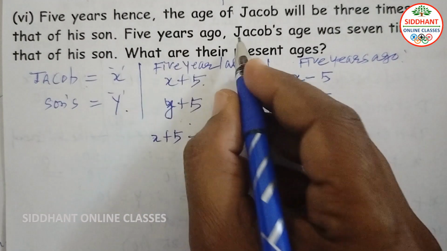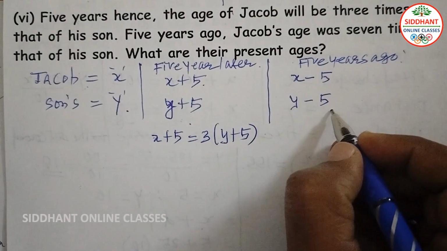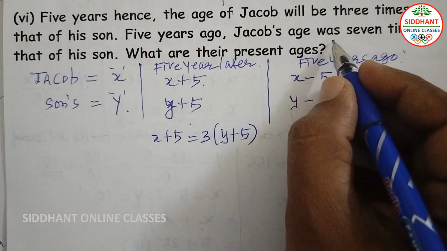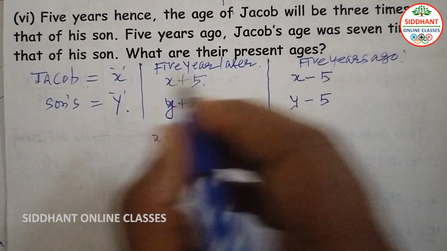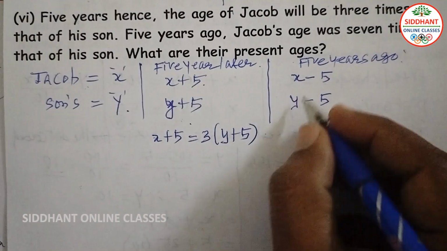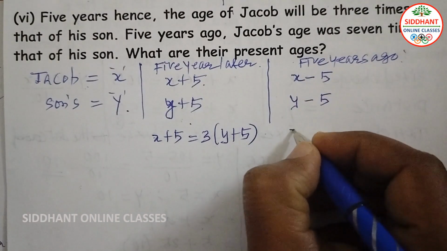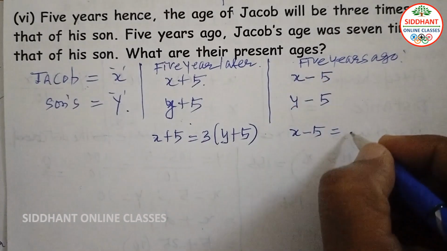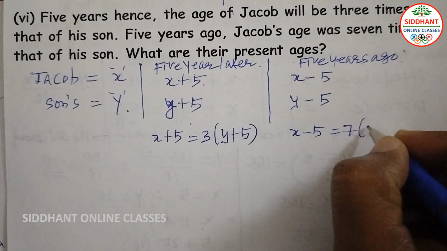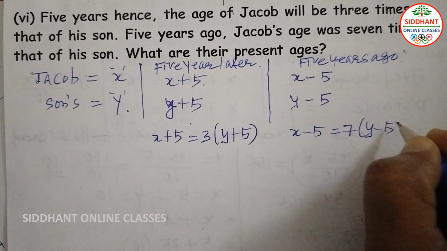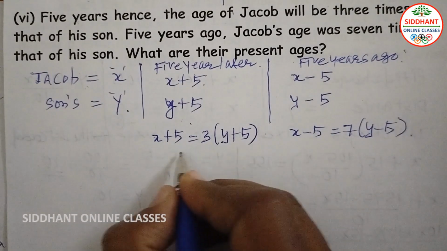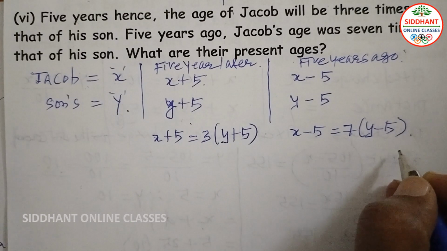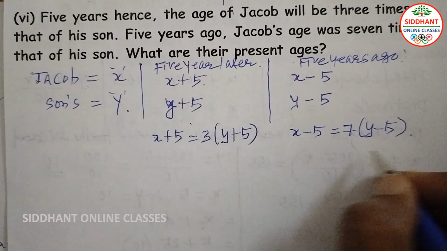Next, 5 years ago, that means back we are going to see, Jacob's age was 7 times that of his son. That means this is the Jacob's age, which is x minus 5, and 7 times that of his son, that means 7 into y minus 5 here. So these are the two equations we are going to see, and we are going to find the x and y values here.